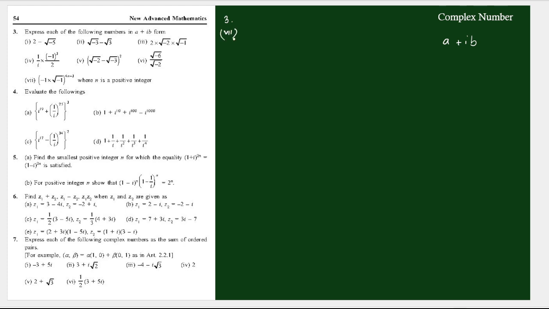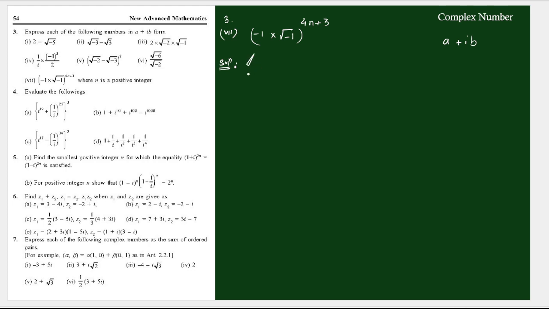We'll do number 7. Minus 1 into root minus 1 to the power 4n plus 3. So minus 1 is nothing but i, right?